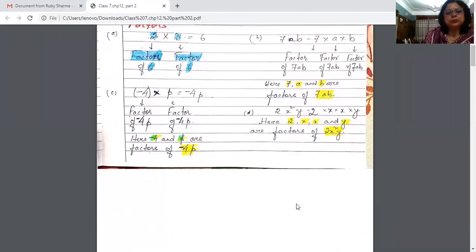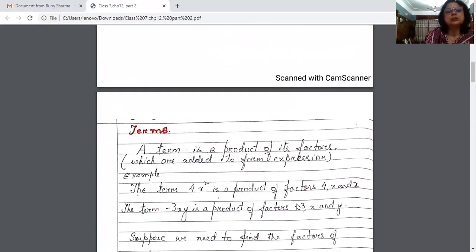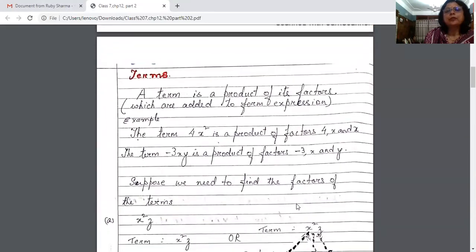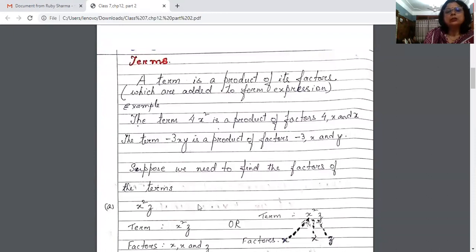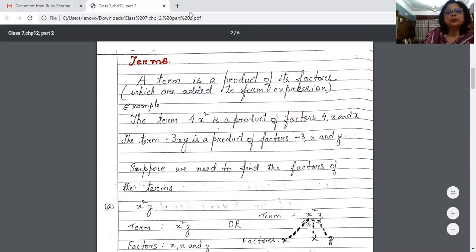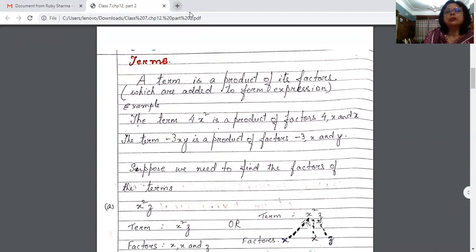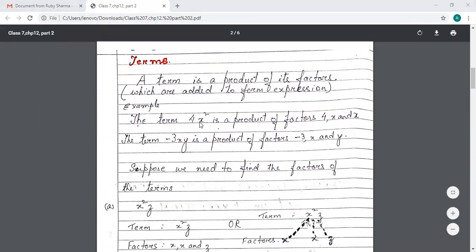Now we come to terms. Now the term, as defined, is what? A product of its factors. So these terms are added to form expressions, okay? Now suppose the term 4x square. So we obtain 4x square how? By multiplying 4 into x into x.